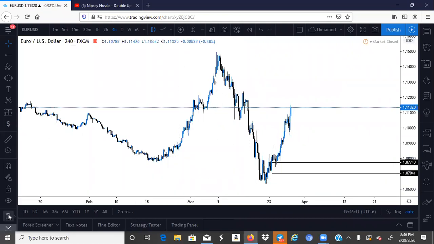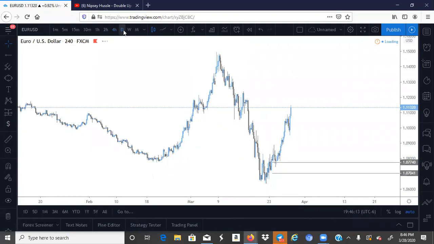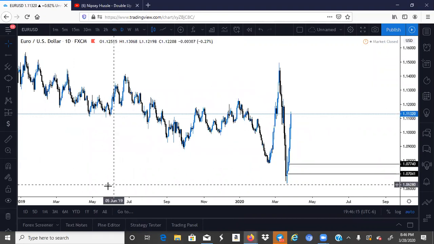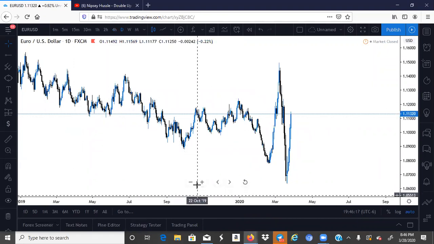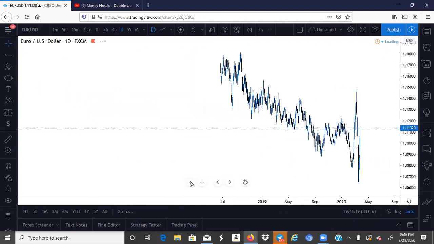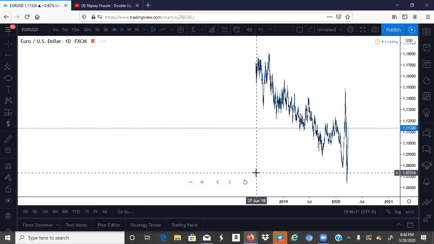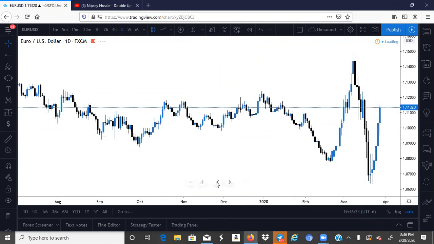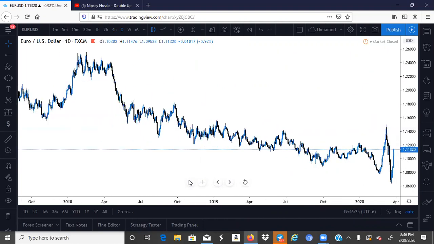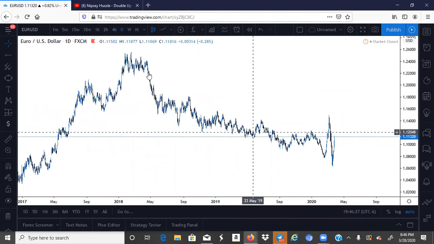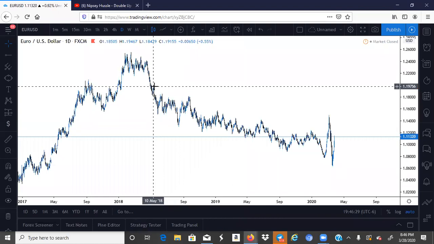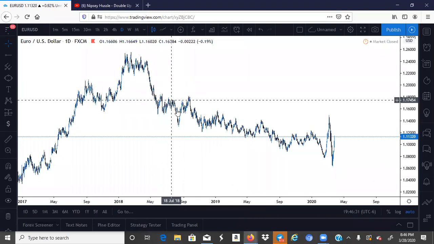Like I said, I always start off on the daily time frame, and I look and see exactly what this currency pair is doing. As you guys can see, the euro versus the US dollar, technically since 2018, has been in a downtrend.